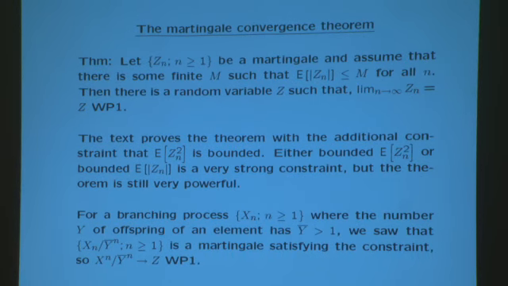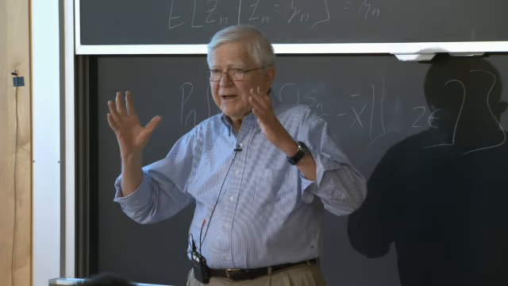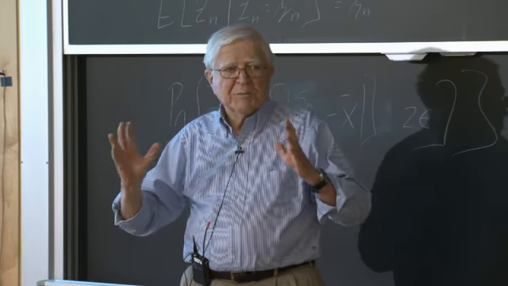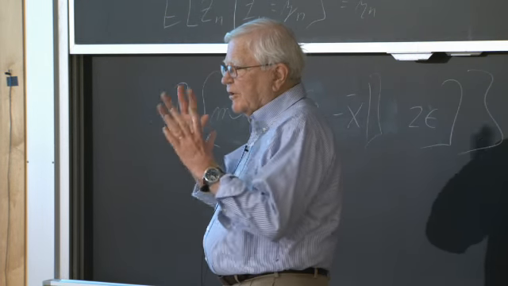We're going to assume that there's some finite m so that the expected value of the absolute value of z sub n is less than or equal to m. So what I'm saying is the expected value of z sub n is now bounded. It's not just finite. It's more than finite. It's bounded. It can never exceed this quantity.